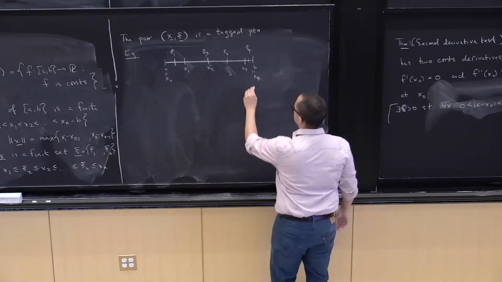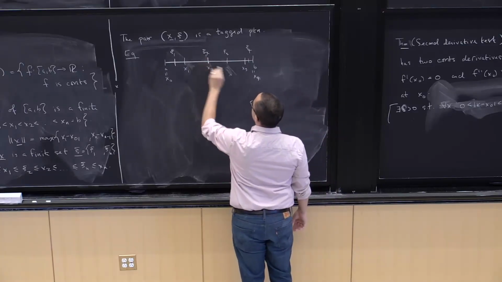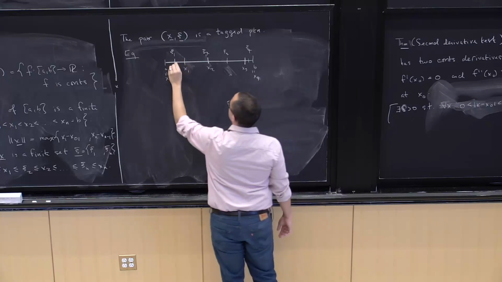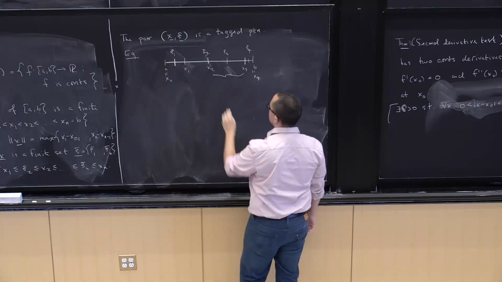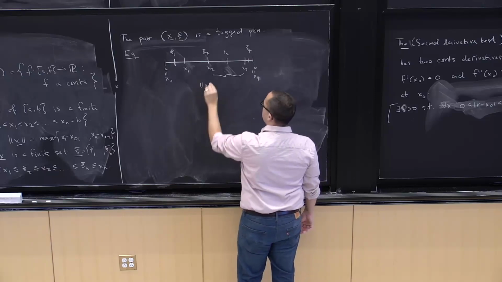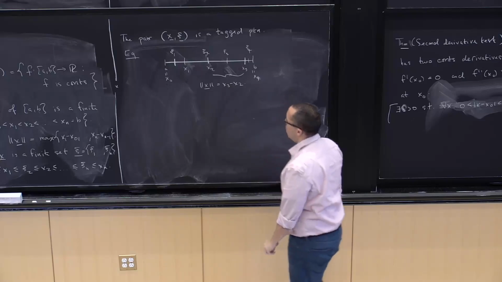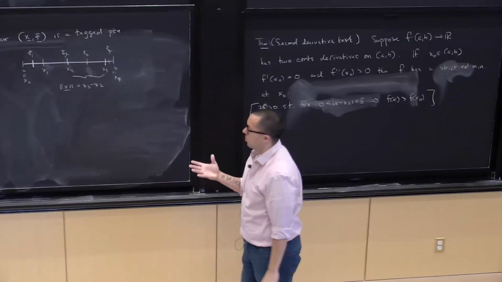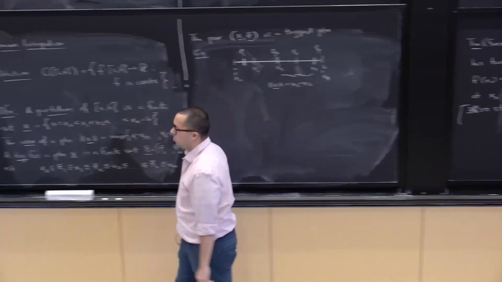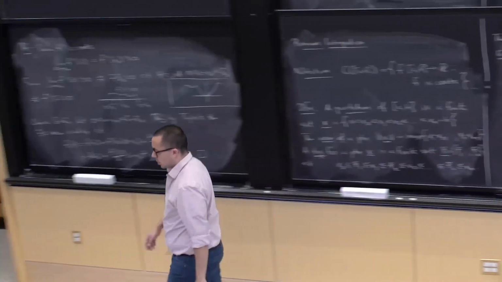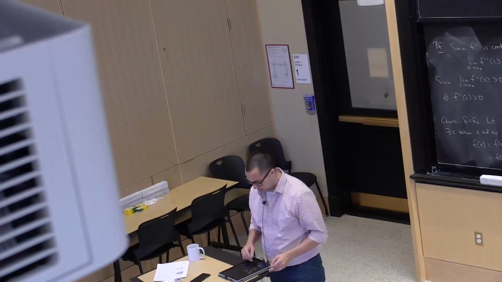At least in this picture, the biggest separation between partition points would be something like x3 minus x2 here. Okay, so the norm of a partition is the length of the largest subinterval.